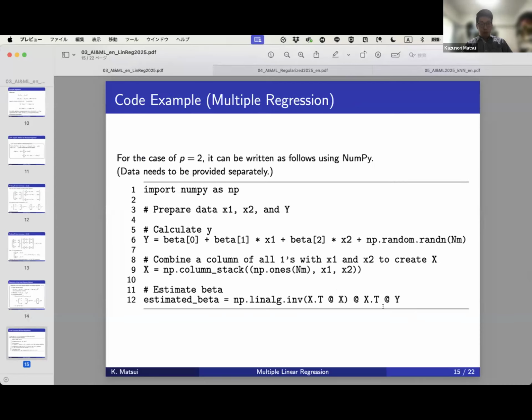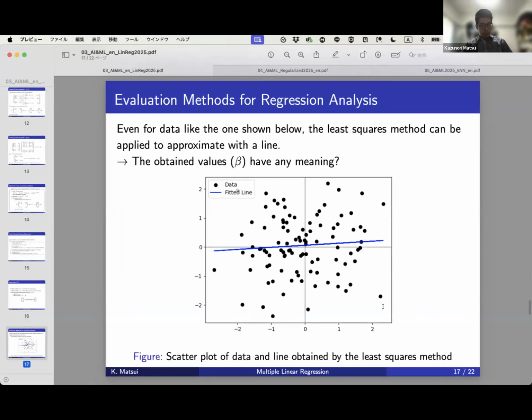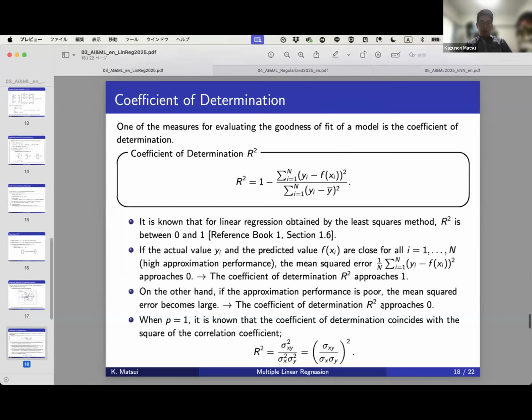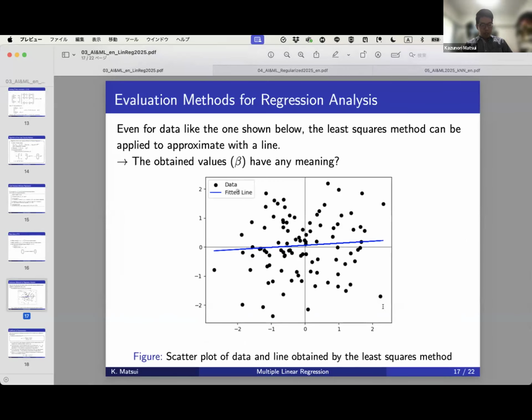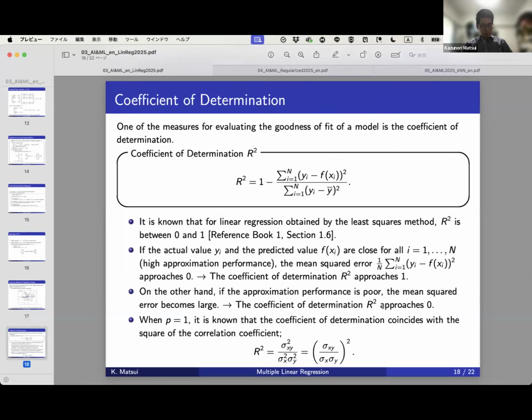Another topic we discussed was the coefficient of determination. Linear regression can be applied to almost any data, but we don't know if it's good or bad. The coefficient of determination can measure this goodness of fit.